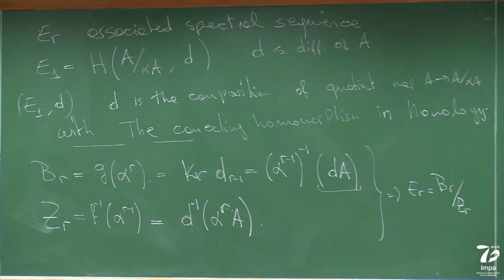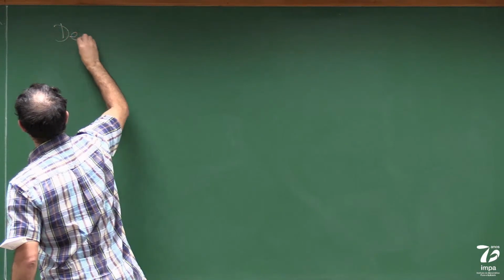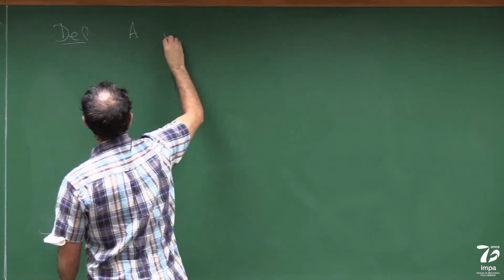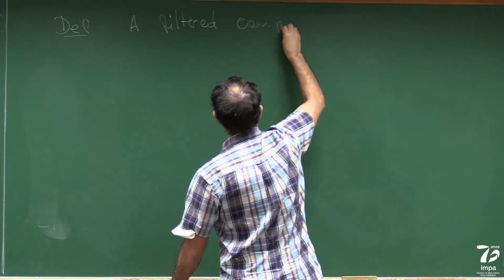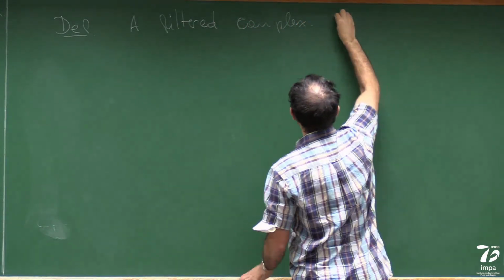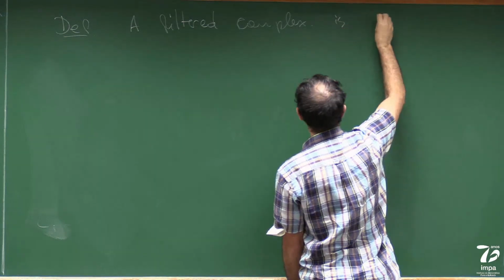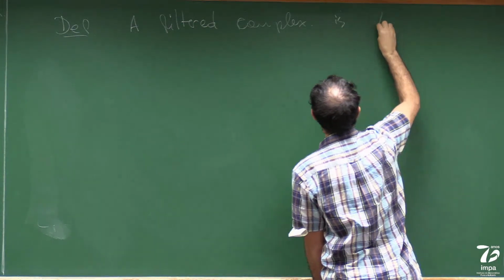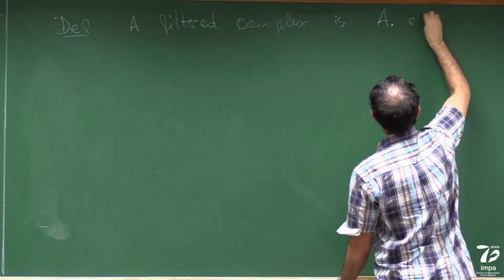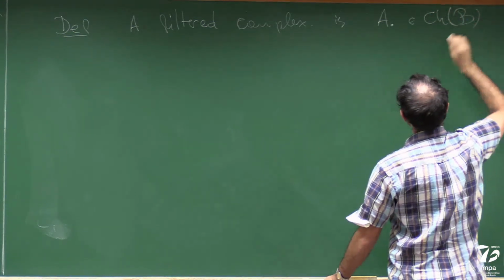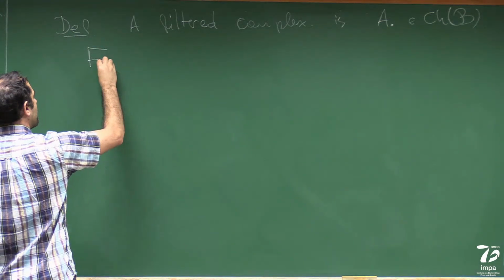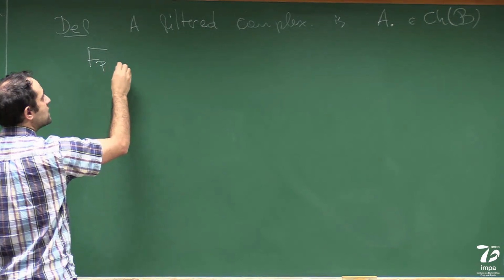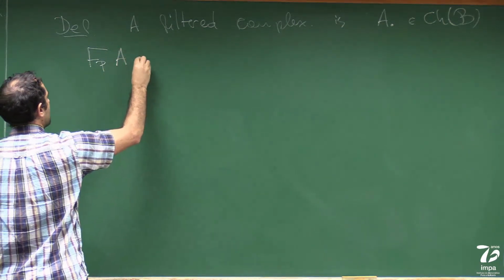Let's work out the example that I'm interested in, which is the following situation. Definition. A filtered complex is a complex A, well, it's a filtered object in the category of complexes. So I have a cochain complex in an abelian category A, and I have a decreasing sequence of subcomplexes.